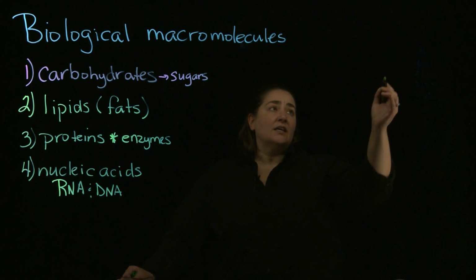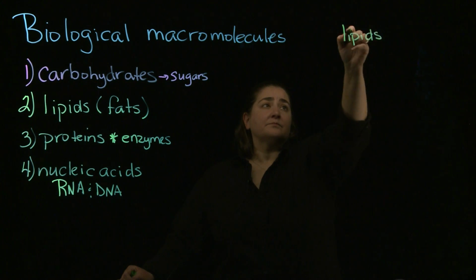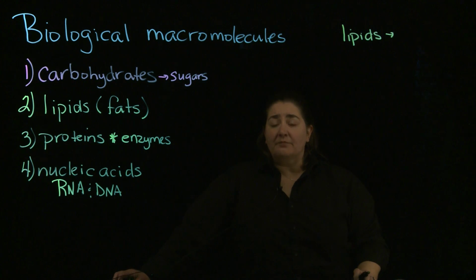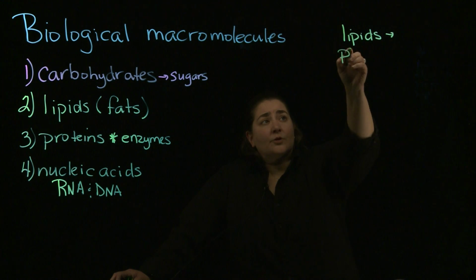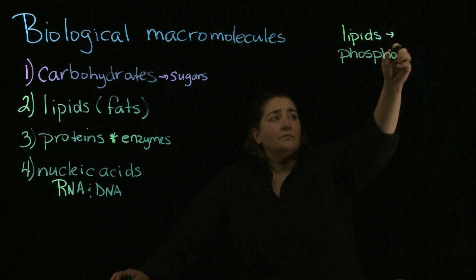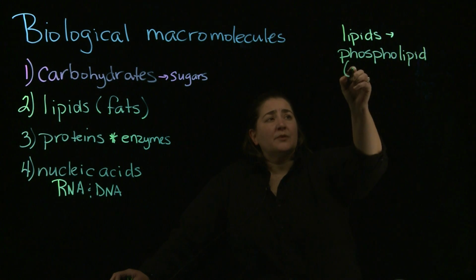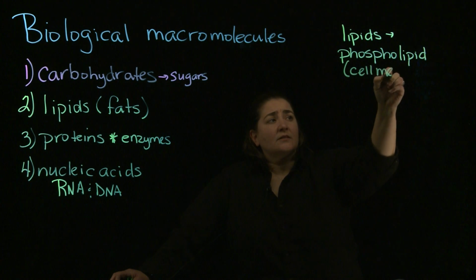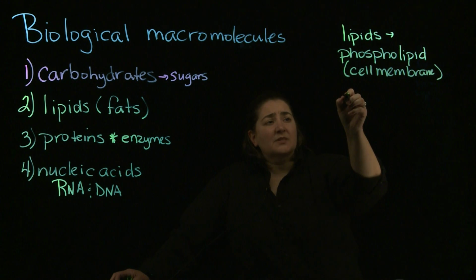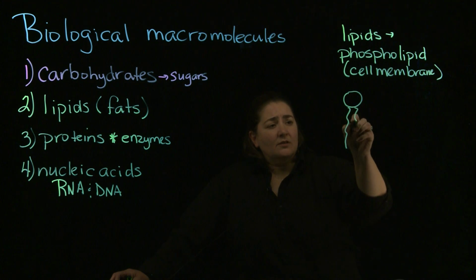In terms of our lipids, primarily what we're talking about with microbiology is the phospholipid. That phospholipid is going to make up the cell membrane. The phospholipid is going to have 2 main components.